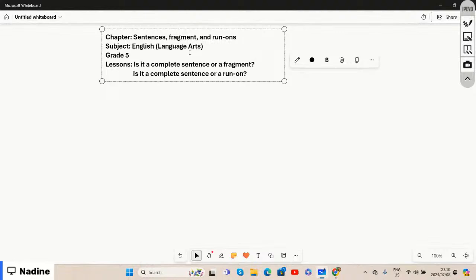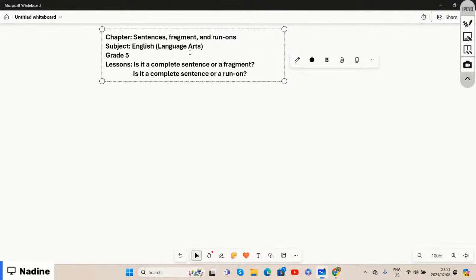We can fix a run-on sentence by adding a comma to show the separation of the independent sentences, or you can write the two independent sentences on their own. The first sentence starts with a capital letter and ends with a period, and the next sentence will start with a capital letter and then end with a period.